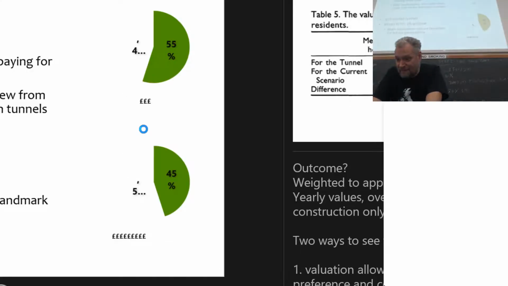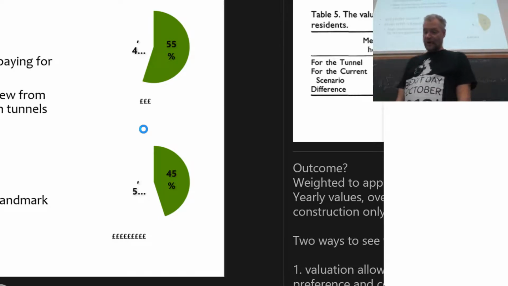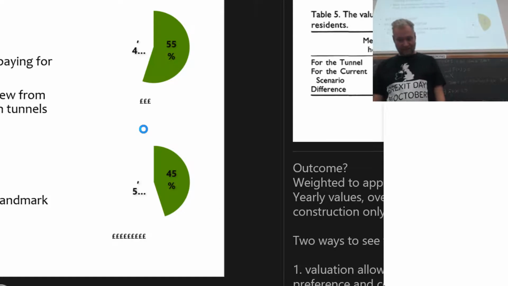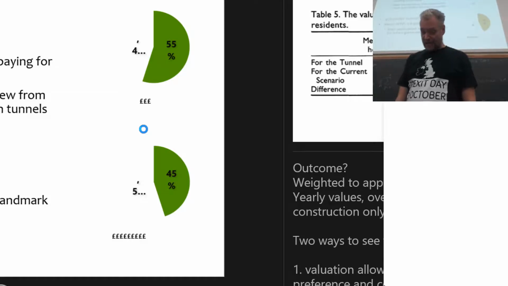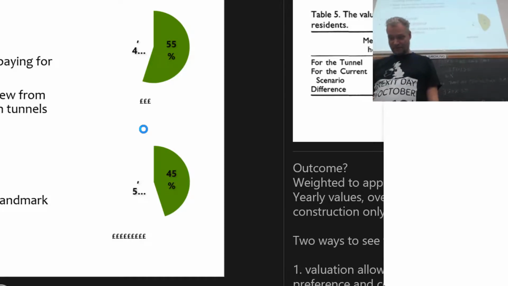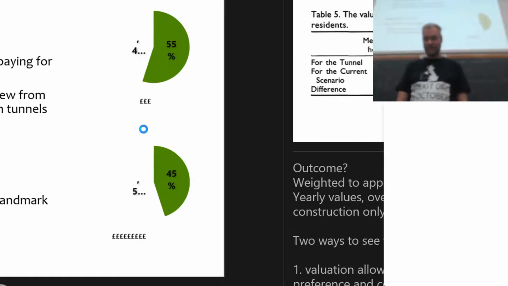Now, what did people find? 55% prefer the status quo, and were actually prepared to pay £2.70 per year for that. 45% preferred the new situation, the tunnel, and were prepared to pay almost £9 per household per year for it, right?